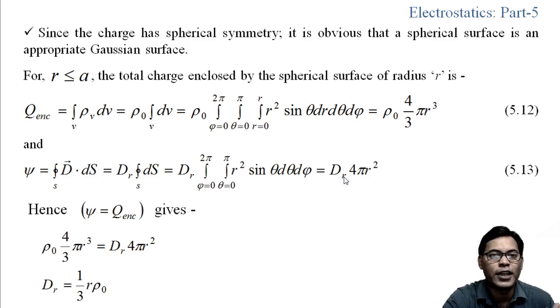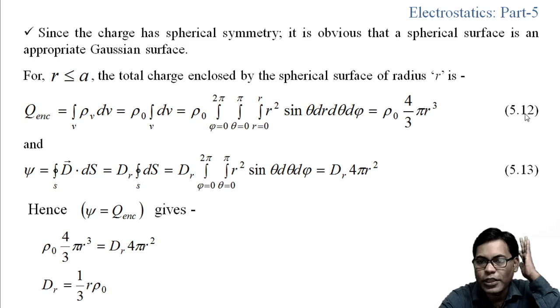From that we will get Dr into 4 pi r square. We have seen earlier how to calculate the surface area of the sphere. So from that we got that the total flux coming out, that is Dr into 4 pi r square, which will be equal to the Q enclosed, that is rho naught 4 by 3 pi r cube.